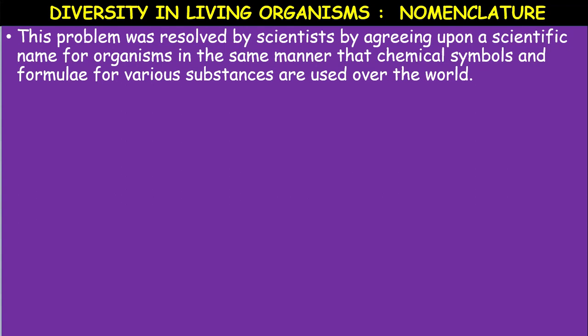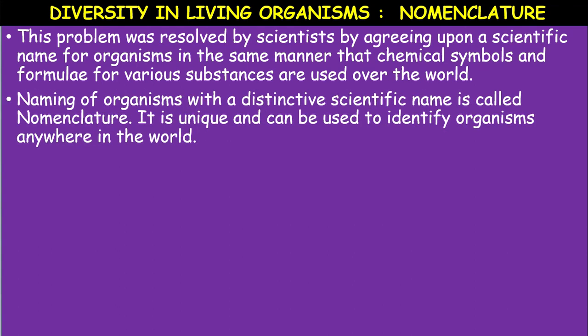Okay, common salt, for example, sodium chloride, is a universally accepted name. Like that, for animals and plants also, there is a scientific name which is universally accepted and can be used everywhere. Naming of organisms with a distinctive scientific name is called nomenclature. It is unique and can be used to identify organisms anywhere in the world.